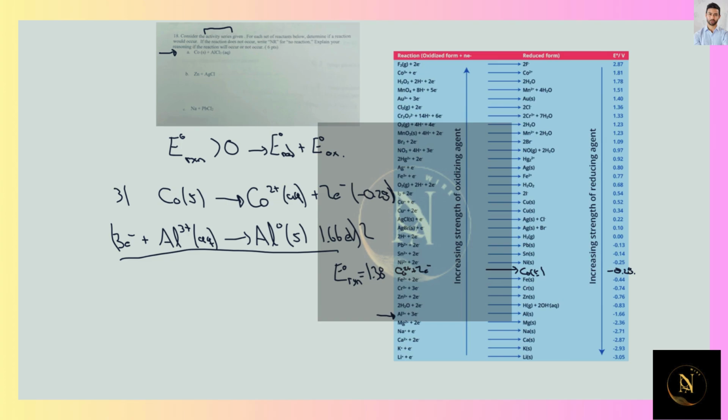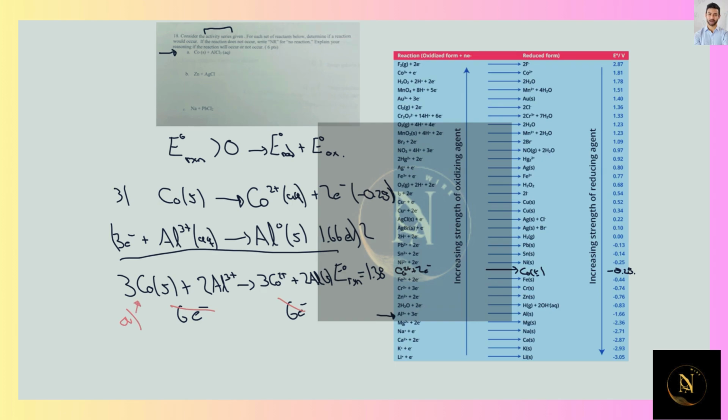And the balanced reaction would be with the ionic forms: 3 of cobalt as a solid plus 2 aluminum 3 plus is going to produce 3 cobalt 2 plus and 2 aluminum as a solid. And the number of electrons that is going to be exchanged is going to be 6 electrons on each side of the equation. But as you can see, both of them are going to cancel out. So this would be the reaction that occurred on part A.